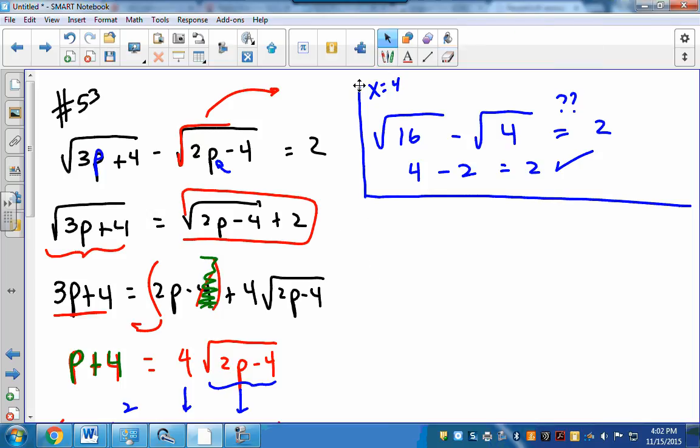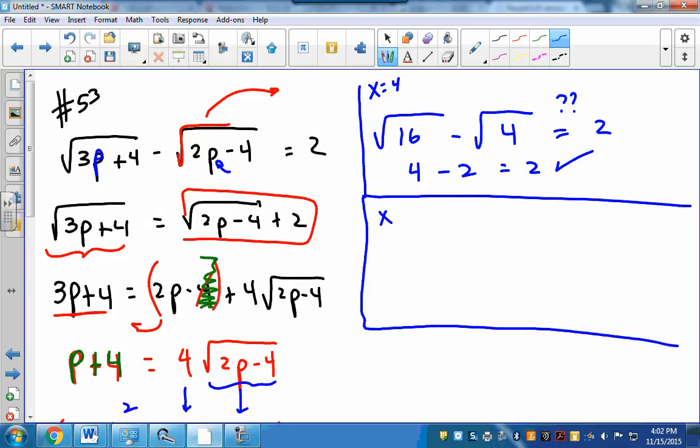Okay. The next check, we need to check to see whether it works with x is 20. So again, I'm going back to the original equation. And I have this, see, 3 times 20, I'm putting 20 right here. 3 times 20 is 60 plus 4 is 64. And then I'm putting 20 in here.